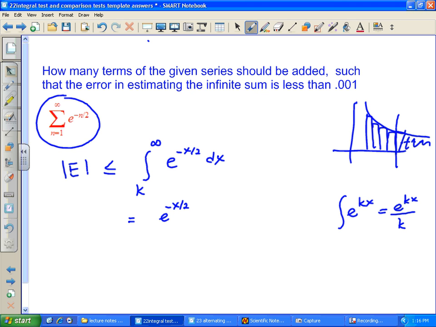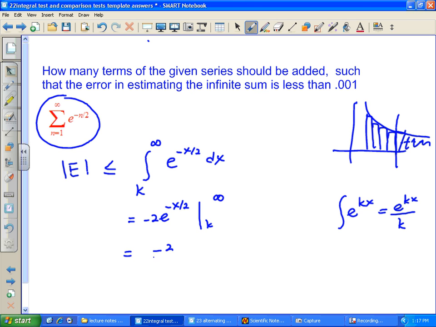William, would you agree with me that we need to divide by negative a half? Because e to the kx integrates to e to the kx over k. So if we're integrating this, it should be e to the negative x over 2 divided by negative a half. In other words, multiply by negative 2 and go from k to infinity.